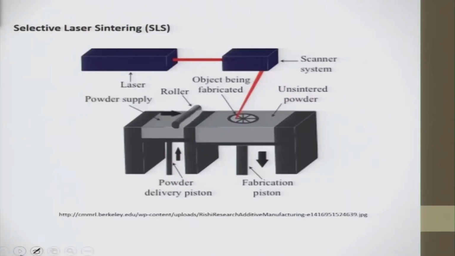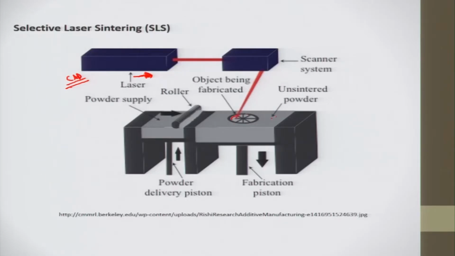Now, let us see the equipment for selective laser sintering. We have the laser here and the object being fabricated. The scanner system helps to focus the laser. The CAD model provides the database to produce the part. This is the powder material, and this is unsintered powder.